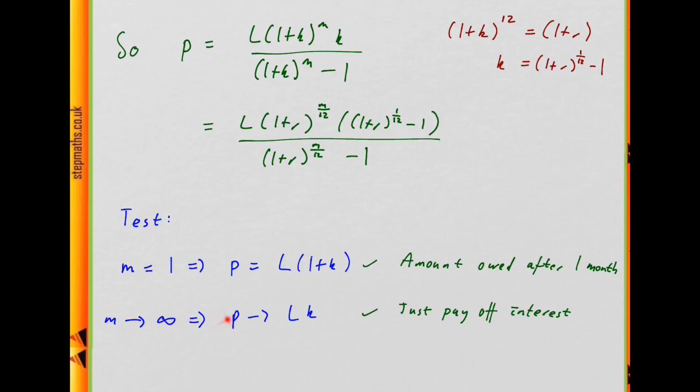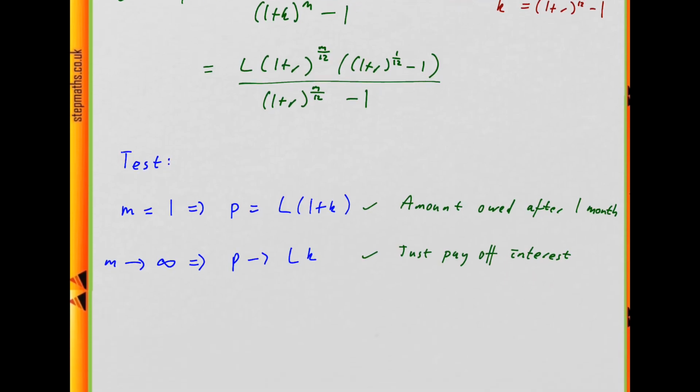Or if we send this to infinity, we basically don't care about paying off the initial loan L at all. We're just paying off the interest each month. And that means each month we pay off the interest Lk, the amount we owe goes back to L, and then we earn more interest Lk, we pay it off the next month. And so everything stays the same, so we never pay off the initial loan, but we also don't owe any more. So this is correct, we're just paying off the interest each month.